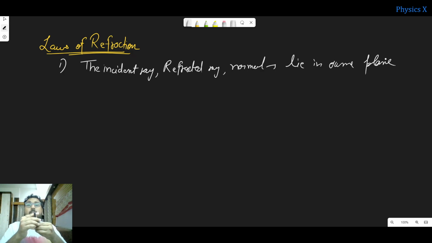Like I told you, suppose this is your incident ray, this is your refracted ray. If you turn this in the side view, they will be seen like this, one over the other. This is the front view which I was drawing, that this is the incident ray and this is your refracted ray. It was bending like this.